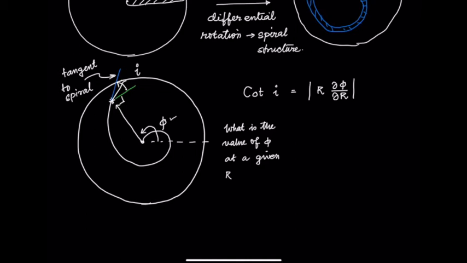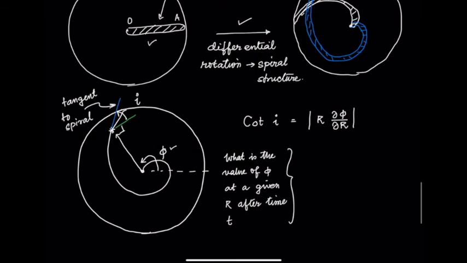The location of that star I can give by r and phi. I'm asking, after time t from when this bar is formed, what will be the value of that phi?